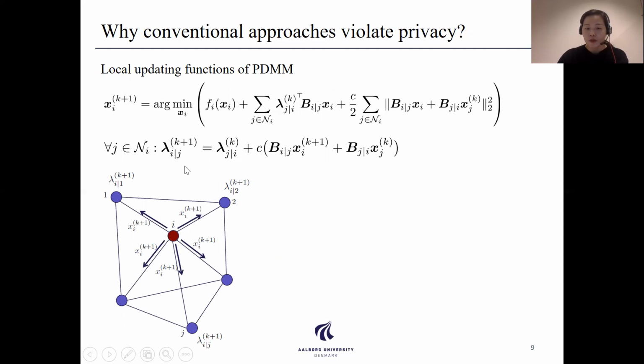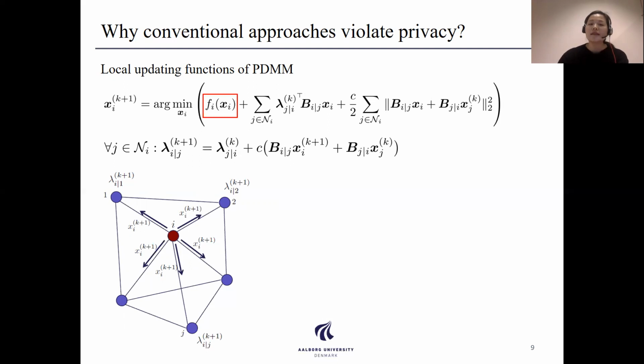Whenever we need to update lambda ij at node j, we can see that lambda ji and xj are already available at node j, and then after receiving xi from node i, node j can update its own dual variable itself. This is why it is a broadcasting protocol, which is very efficient in terms of communication.